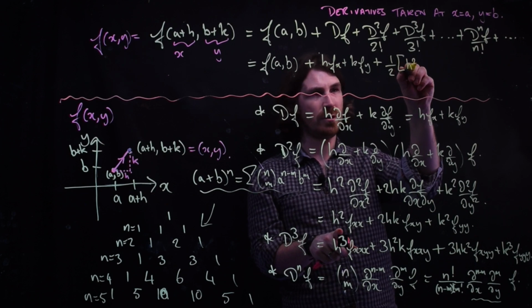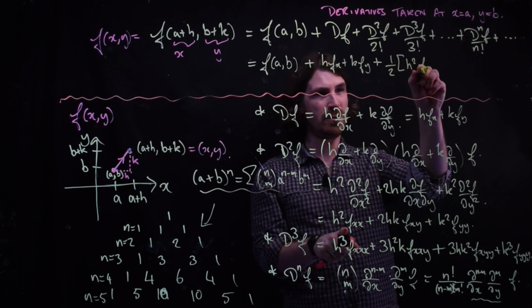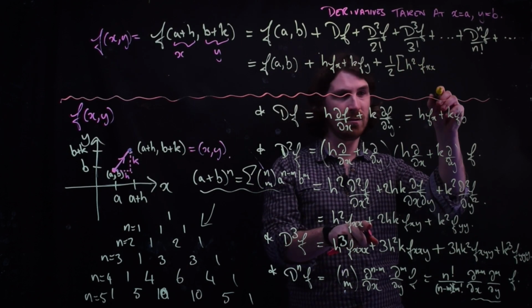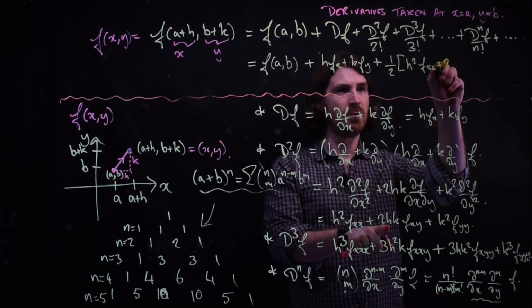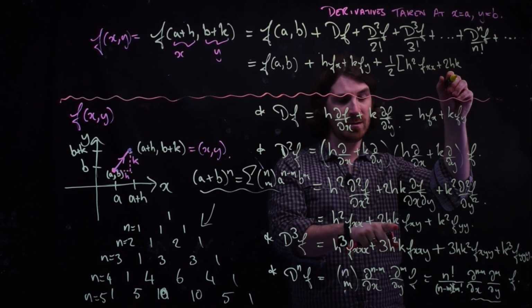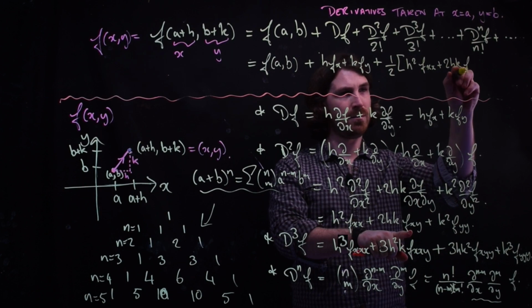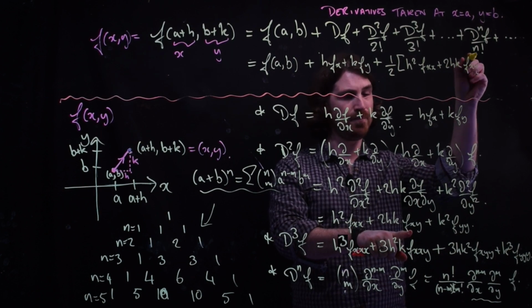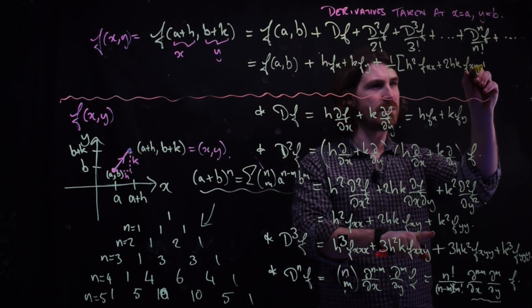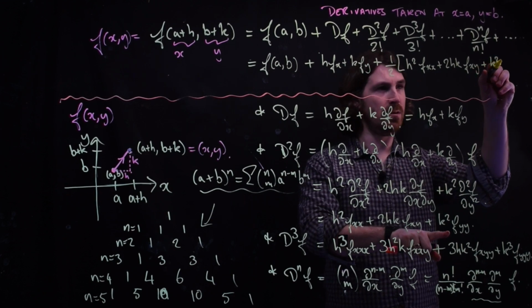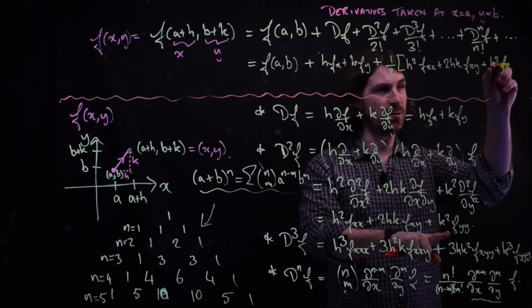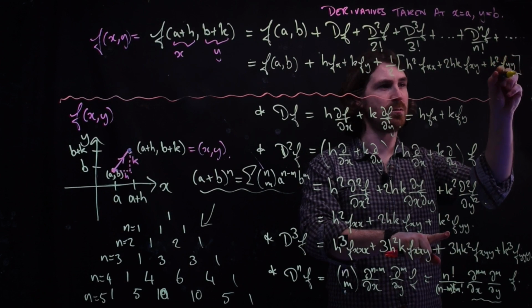And then we've got the answer to this. So this is h squared d2f by dx squared plus 2 of the mixed terms, d2f by dx dy, plus k squared d2f by dy squared.